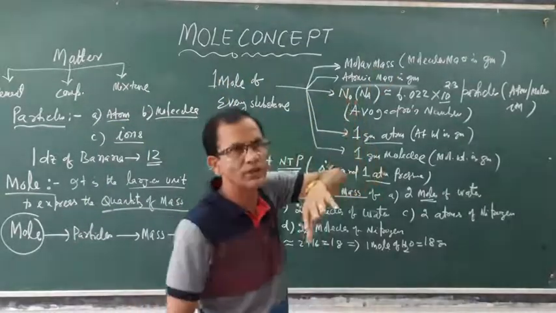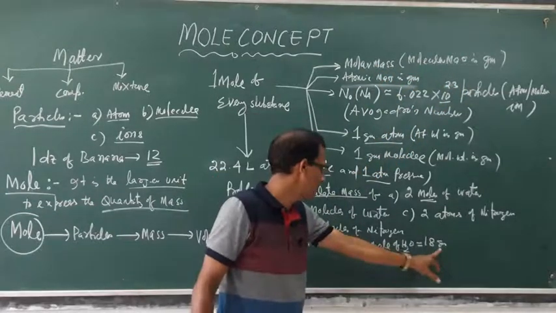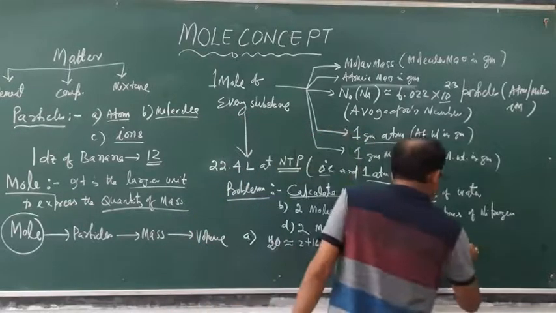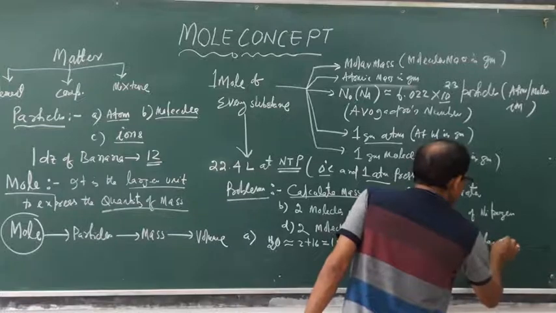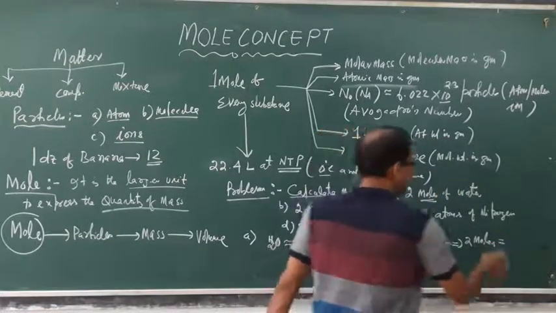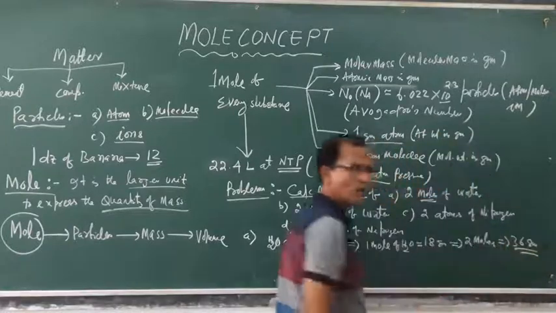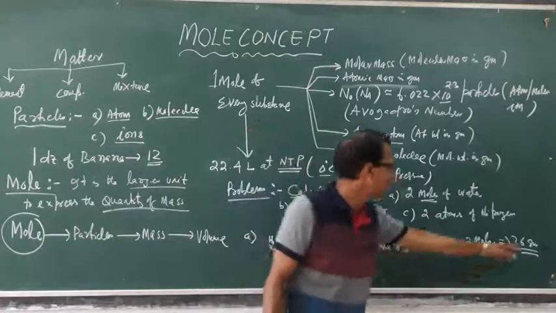The molar mass of water is the molecular mass in gram, that is 18 gram. So 1 mole of water is 18 gram, which implies 2 moles equal to how much? 36 gram. So 2 moles of water is 36 gram.